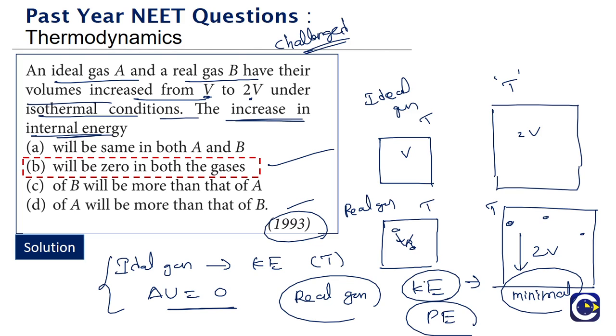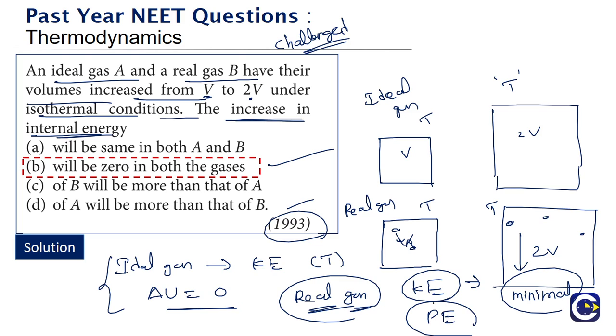0. So why this question could be challenged is because in case of real gases, internal energy is not only the kinetic energy of the gas particles, but also the potential energy has to be included. Okay, so that is the reason why this question could be challenged. But if you just look at the internal energy as represented by the kinetic energy, which is only for the ideal gas, by the way, since the temperature is constant, delta U will be what? 0.